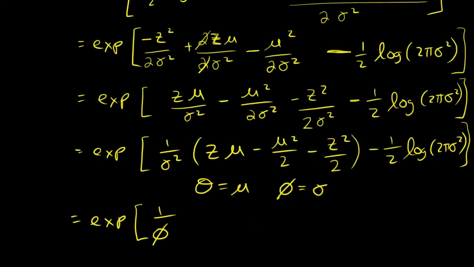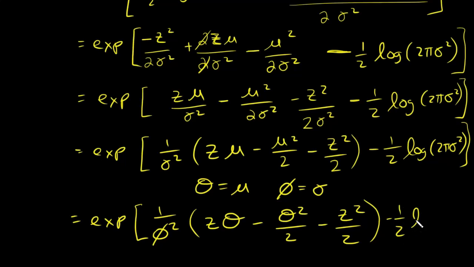That makes more sense. Okay. So I'll have phi squared, z times theta, minus theta squared over 2, minus z over 2, and then log of 2 pi phi squared. Okay.